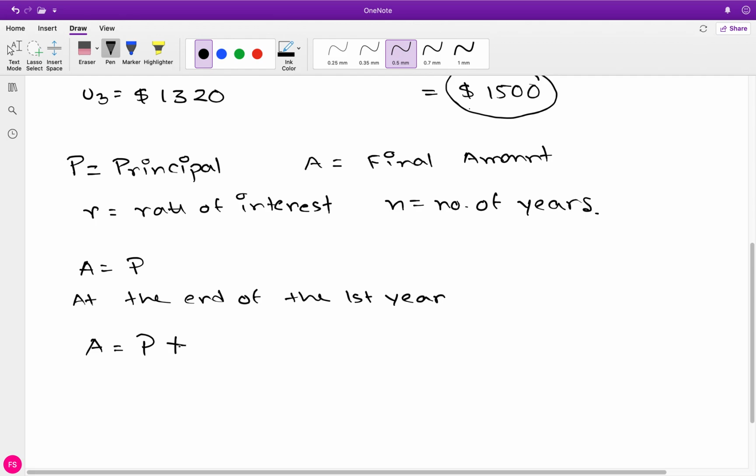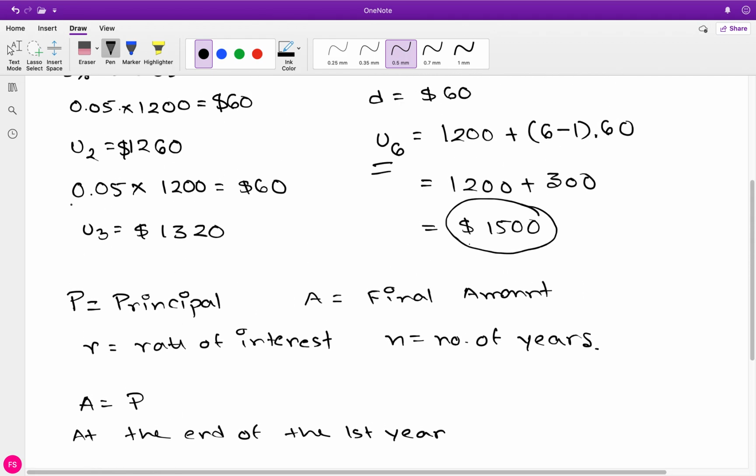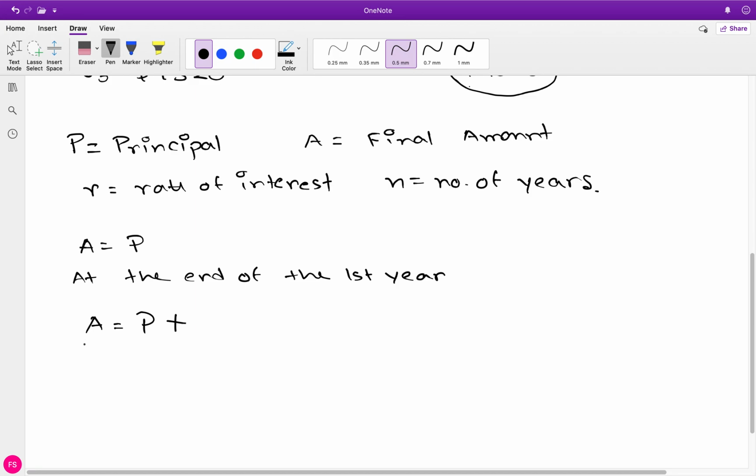interest. Now, how do we calculate the interest? If you look at this question, we multiplied the interest rate with our initial amount, which is the principal. So you can write A equals P plus P times R. Now, at the end of the second year, let me just write it down.